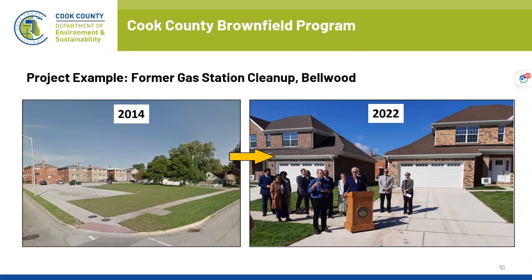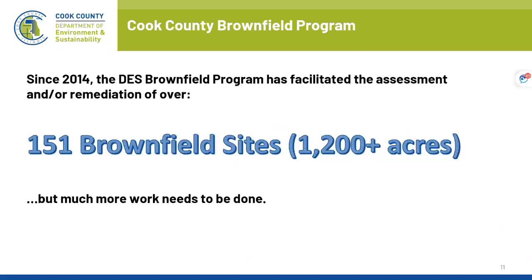So we stepped in, helped the municipality, provided a loan in this case, so the municipality could fund the cleanup, and then they ended up constructing single family homes at the site, which were sold before construction was even completed. So this is really proof of concept. We can clean up these sites and we can put them back to productive use.